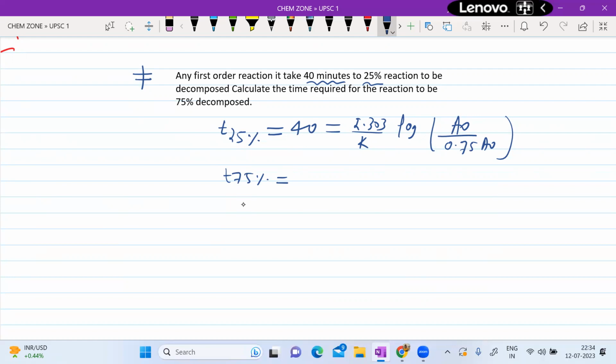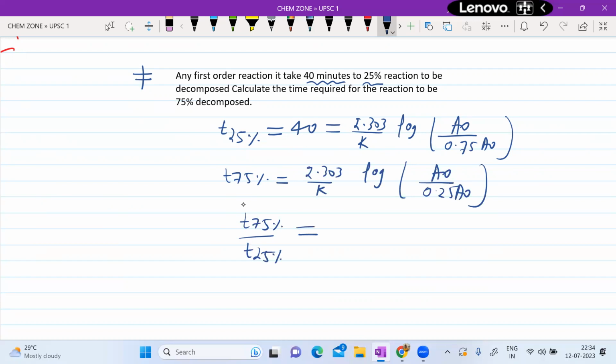As we know that for each percentage of reactant, the rate constant will remain the same. So if the reaction completes 75%, which means 0.25 of A naught will remain after time t. So if we divide t 75% by t 25%, what do you get?